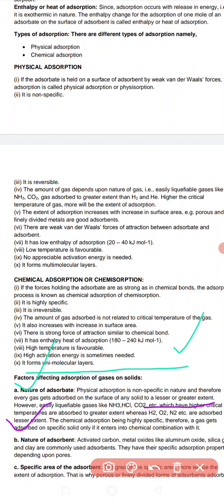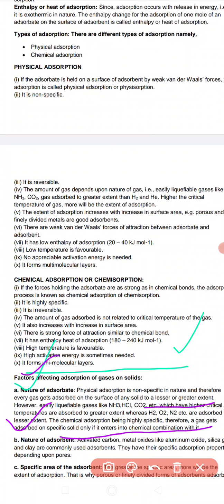However, the easily liquefiable gases like ammonia, HCl, carbon dioxide, etc., which have higher critical temperature, are adsorbed to a greater extent, whereas hydrogen, nitrogen, oxygen are adsorbed to a lesser extent. Chemical adsorption being highly specific, a gas gets adsorbed on a specific solid and enters into chemical combination with it. These are the factors for the nature of the adsorbate.